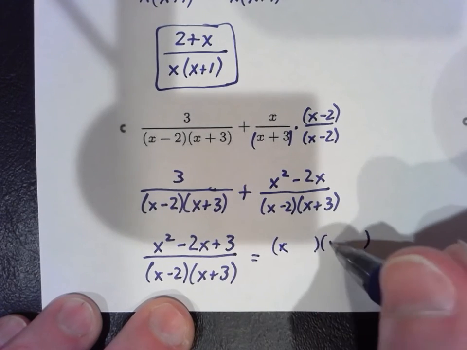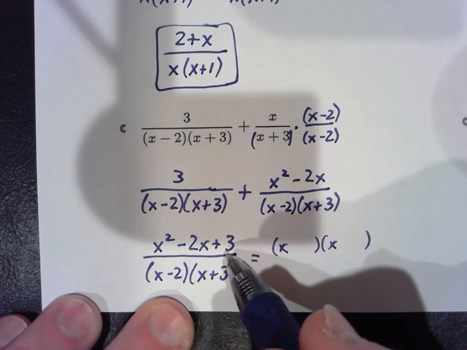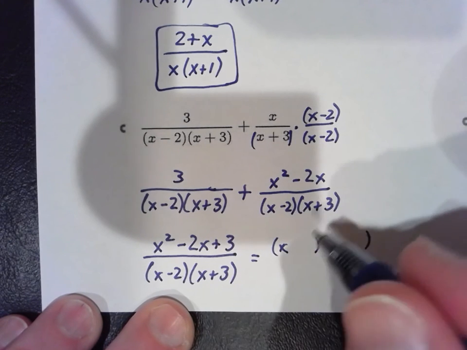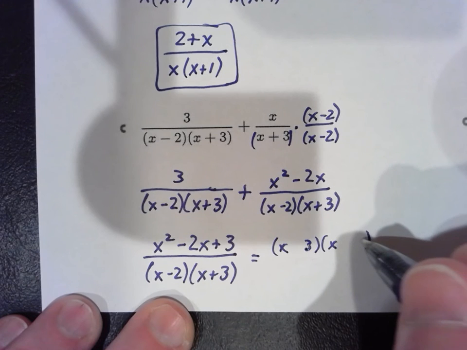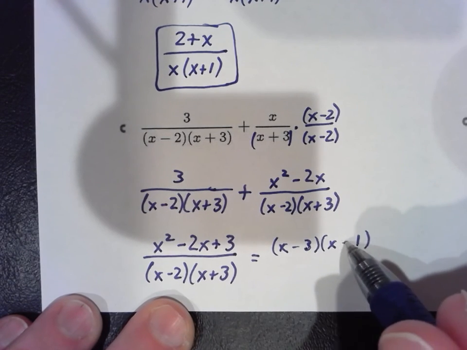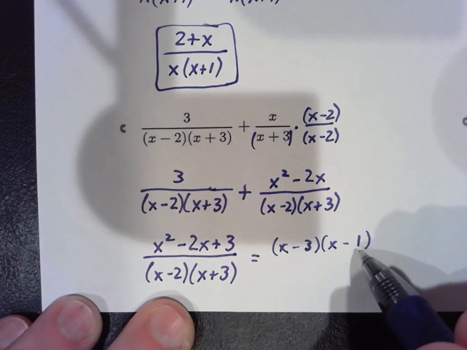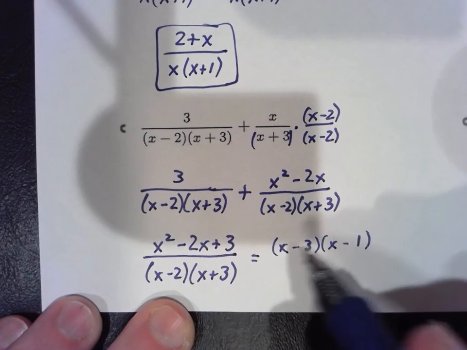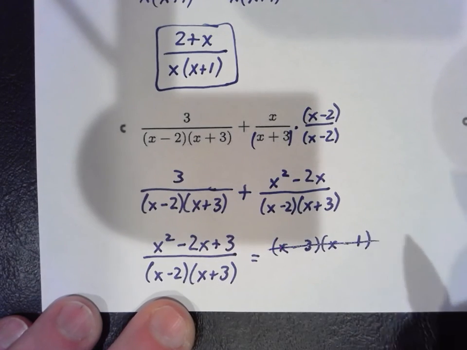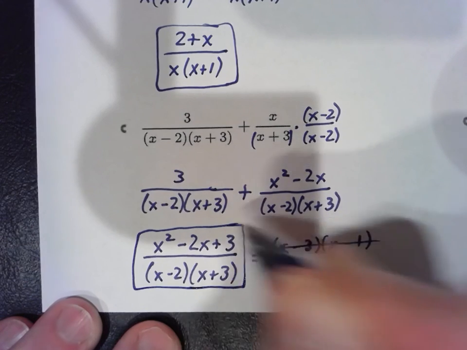Be x times x to get x squared. So I need two numbers that multiply to get 3. But they both have to be negative. That's going to give me negative 4x, negative 3x and negative 1x, not negative 2x. So it doesn't factor. Therefore, this is the simplified form.